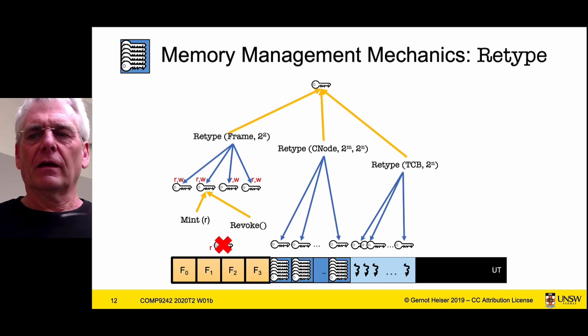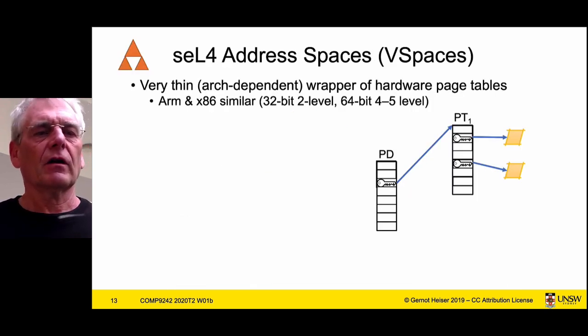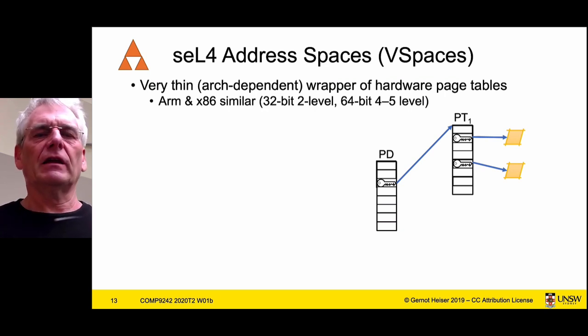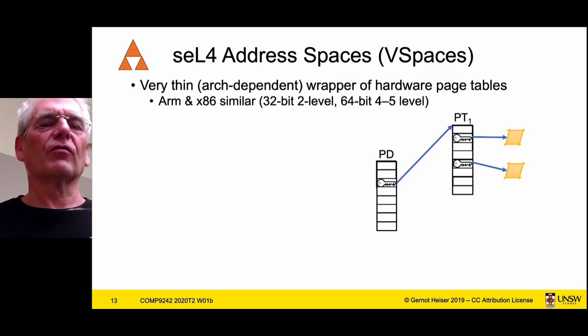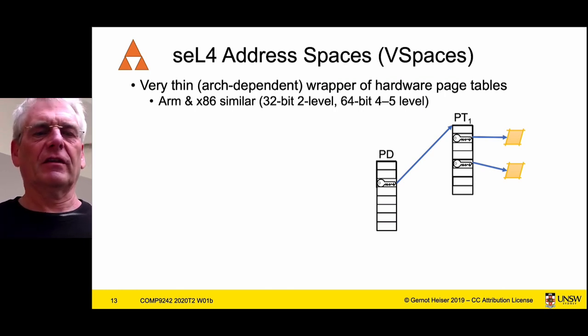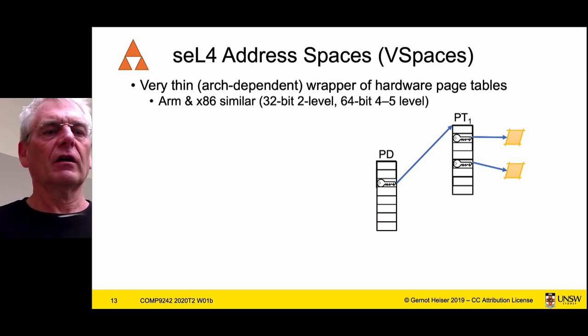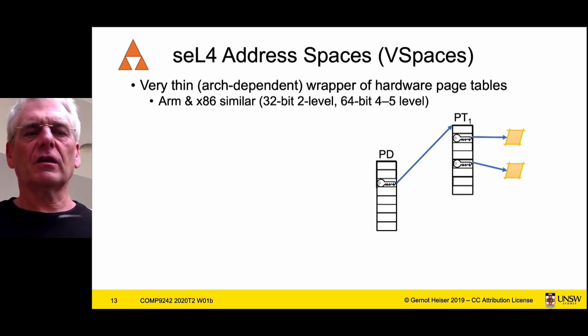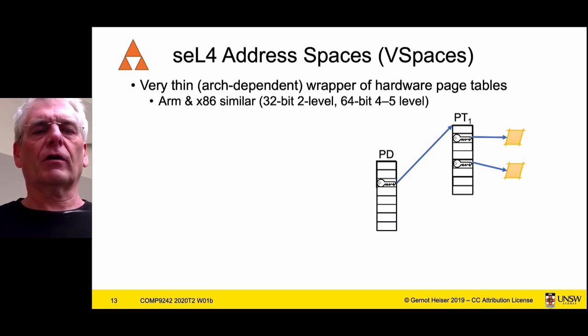Okay, now let's look at how we do address spaces. In seL4, an address space is really a very thin abstraction of page tables, and they look very much like hardware page tables, and they are very architecture specific. Page tables on ARM and x86 are very similar, and therefore the abstractions you see in seL4 are quite similar.